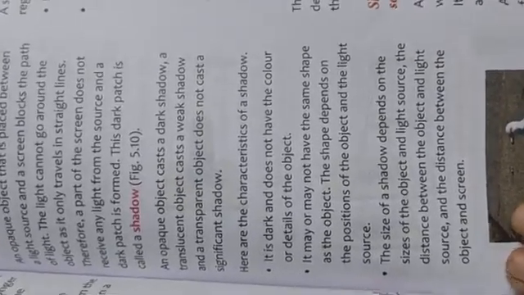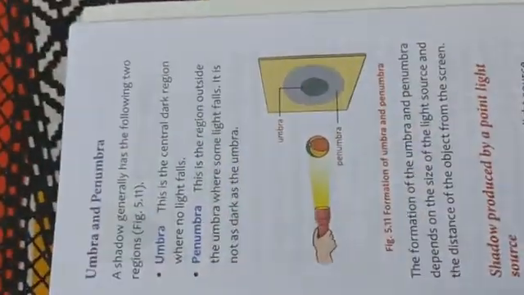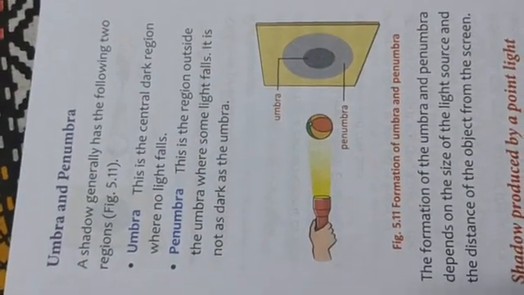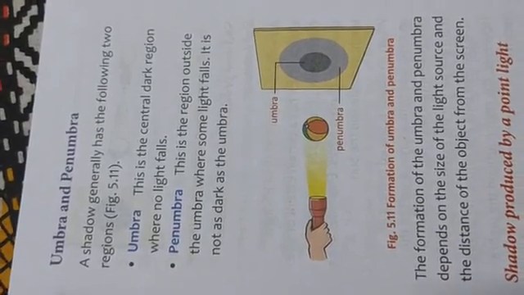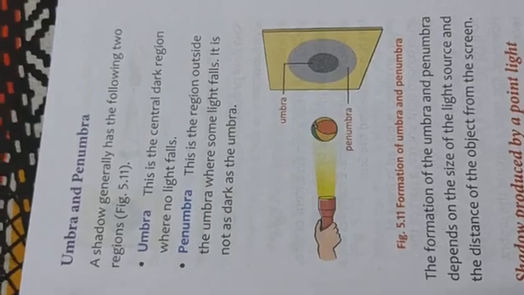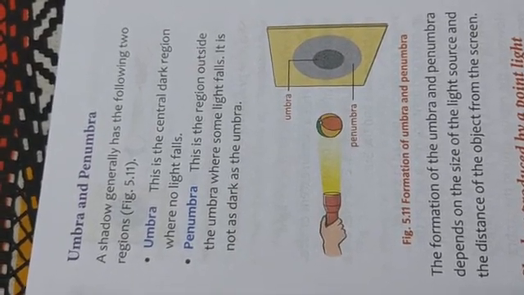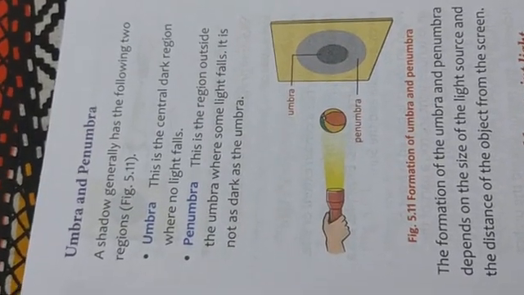Okay. So now next is the Umbra and Penumbra. You must keep in mind that a shadow has generally two regions. One is the central dark region where no light falls. Okay, it is called Umbra. And Penumbra is the region outside the Umbra where some light falls, not as dark as Umbra.